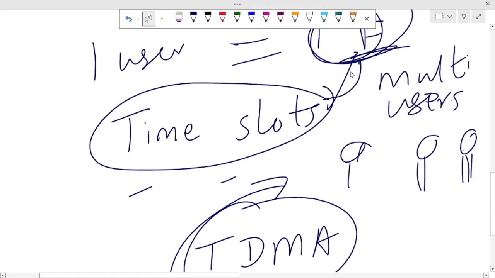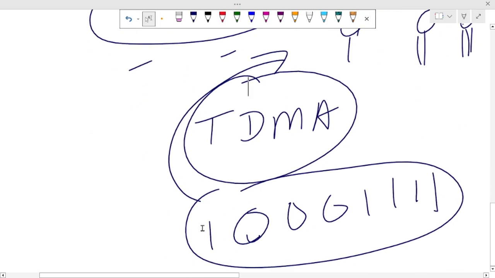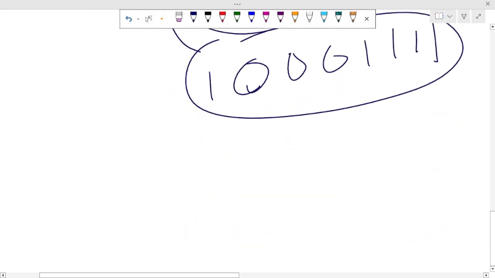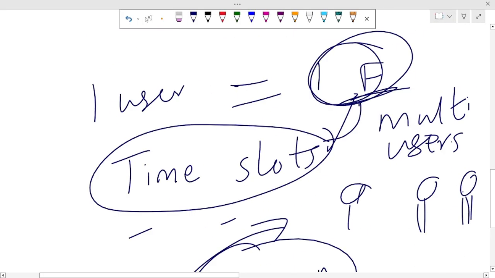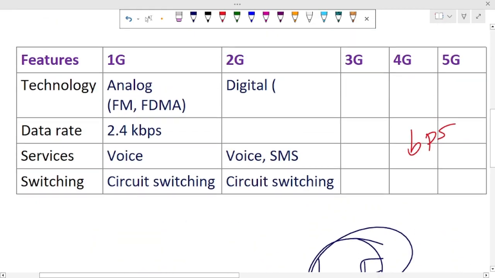So even if you are using the same frequency and the same time slots, if you have a different code, your signal will not interfere with someone else's signal. Where each user is assigned a different code is known as code division multiple access.